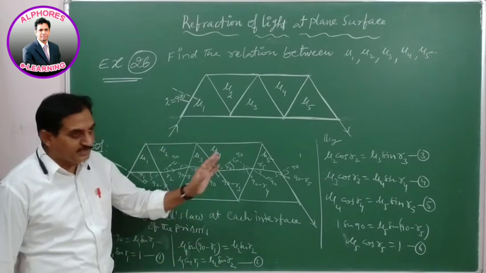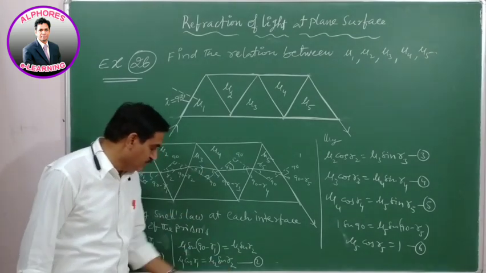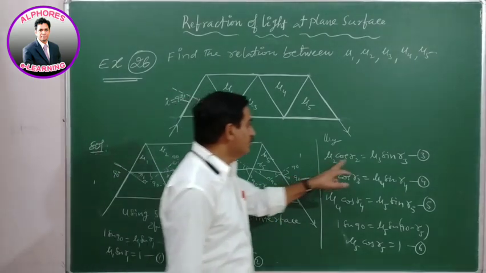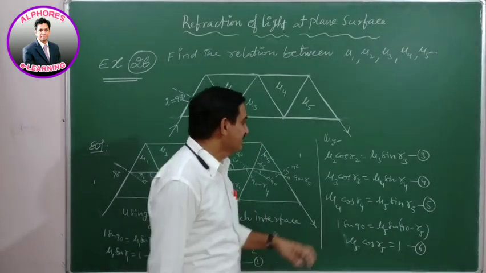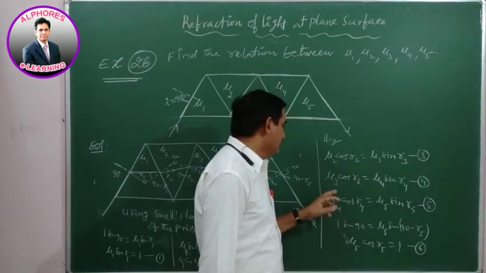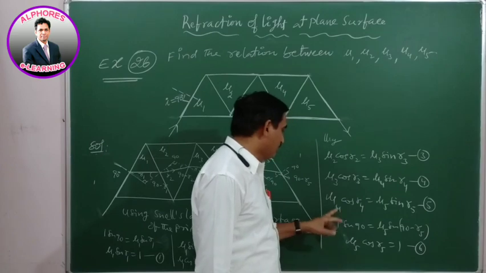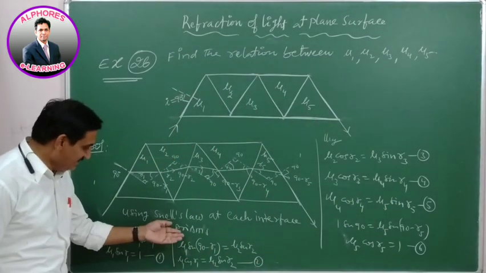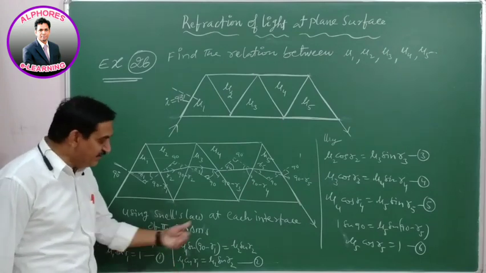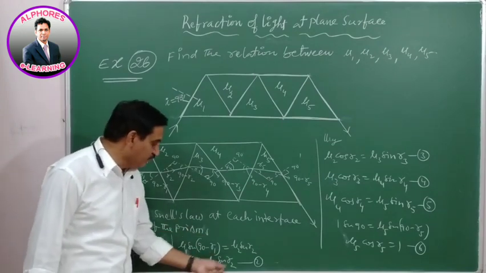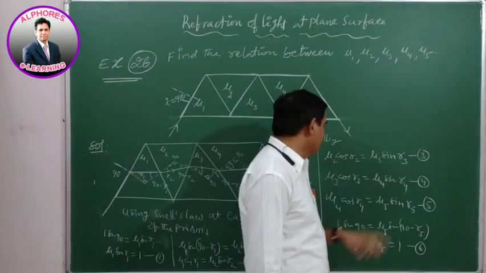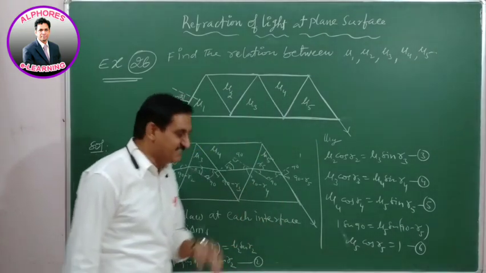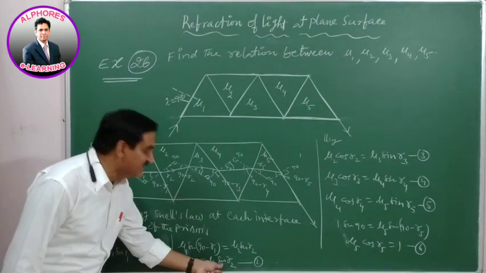Similarly we can write all the equations: 1122, 2233, 3344, 4455, but the difference is that here it is cos and here it is sin.